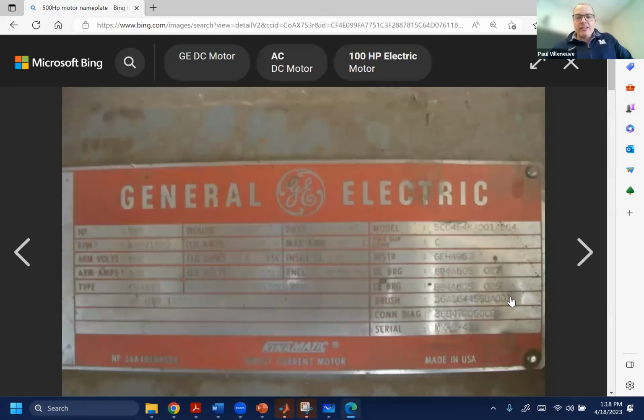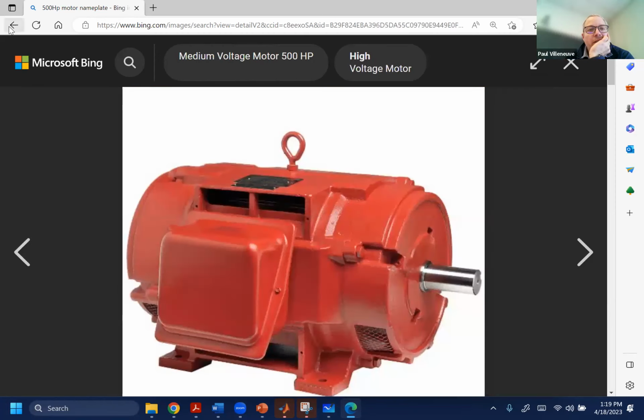This is an oldie. See if we can make out the speed. This one is actually not an induction machine because you can see it has field amps. It's a direct current motor, so this is not even an AC motor. This is not a good one for us.